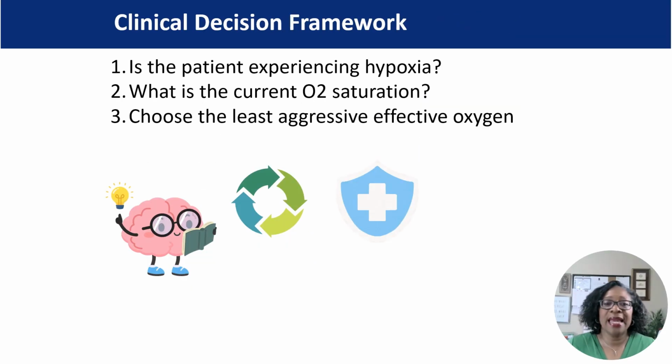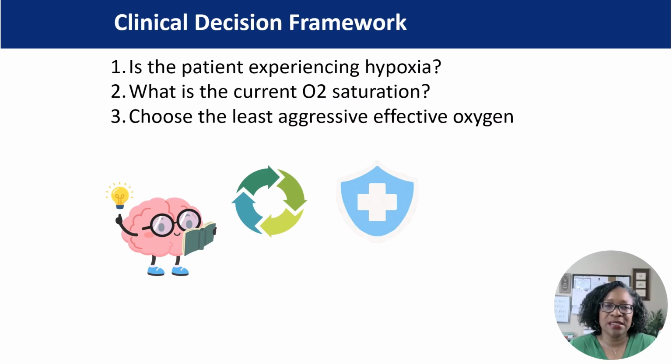Now let's look at a framework. When you see oxygen therapy questions on the NCLEX, you really need to ask yourself some questions. Number one, is the patient experiencing hypoxia, and what signs and symptoms are you seeing? Remember, restlessness, agitation, anxiety, altered mental status.